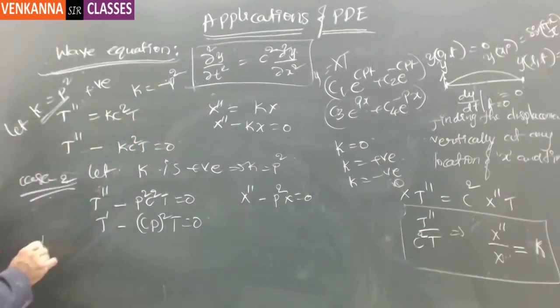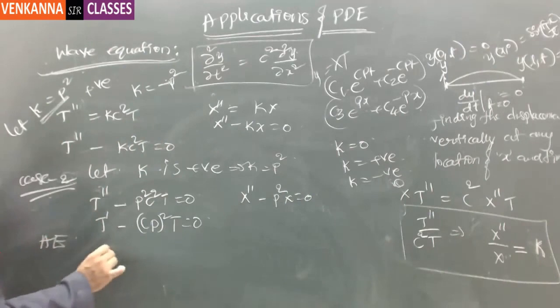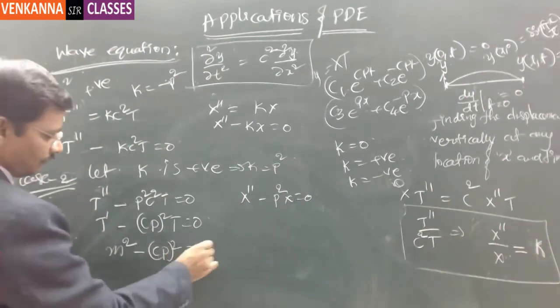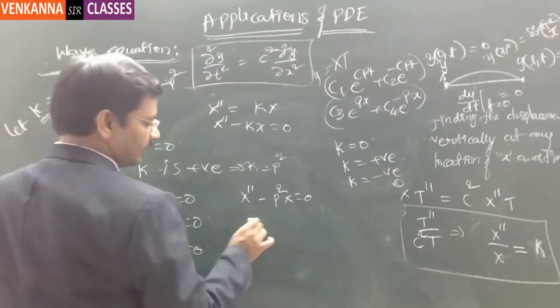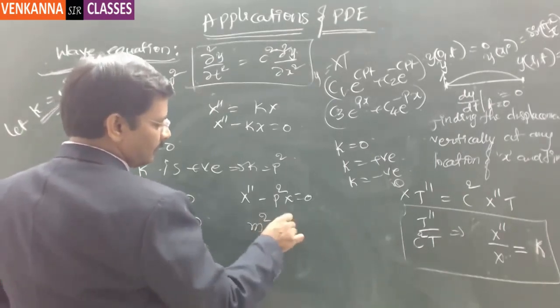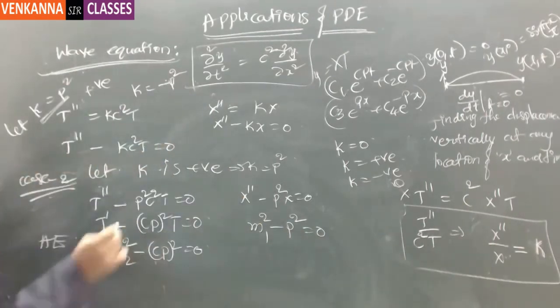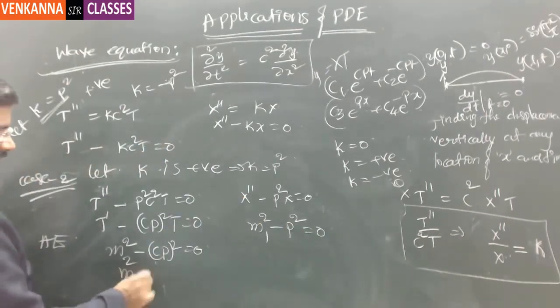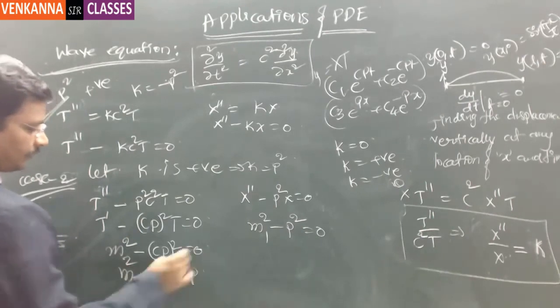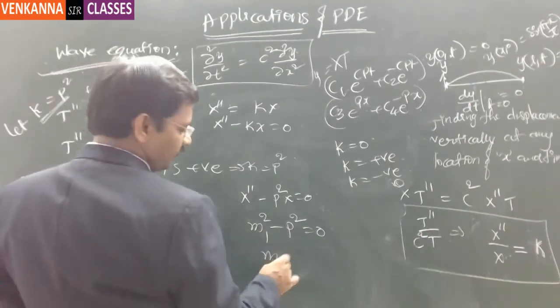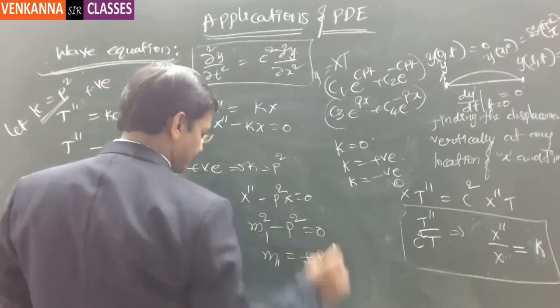Then the auxiliary equation is going to be m square minus (cp) whole square equal to 0, and here also m square minus p square equal to 0. I call these m1 and m2. Then m2 is equal to plus or minus cp, and here m1 is equal to plus or minus p.